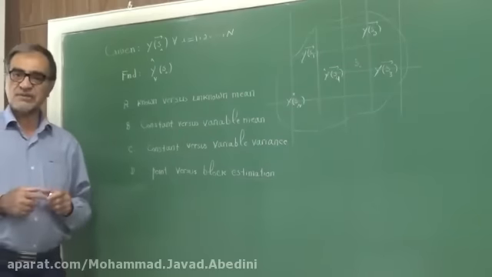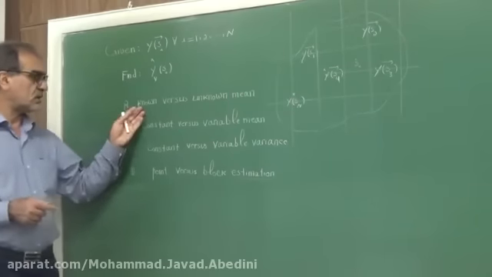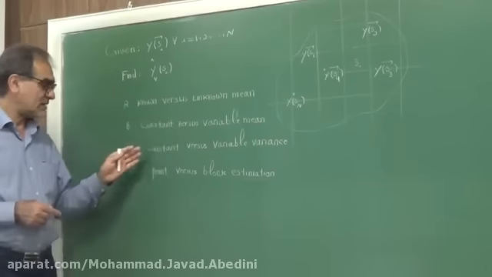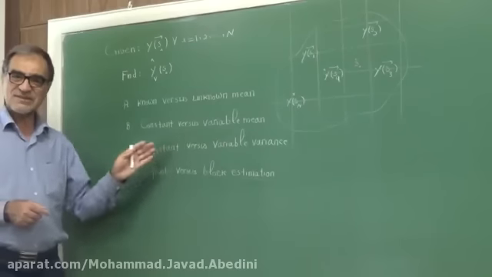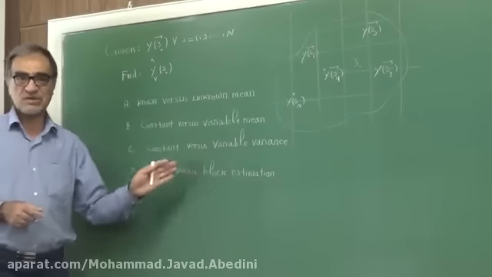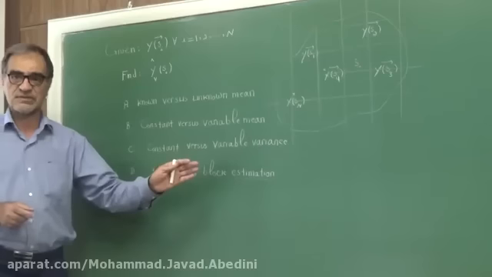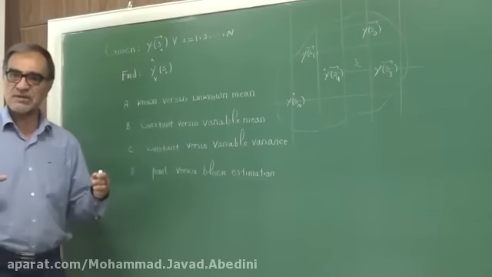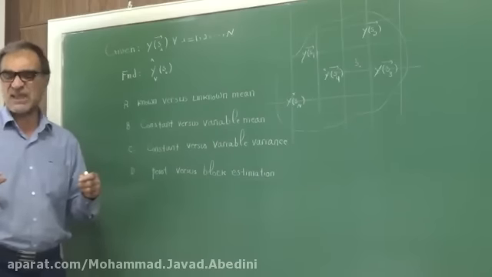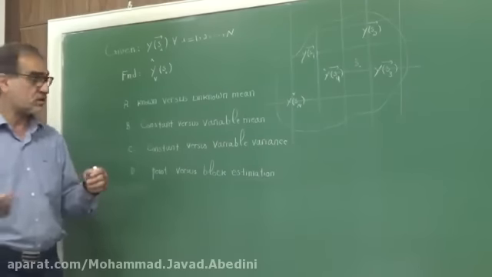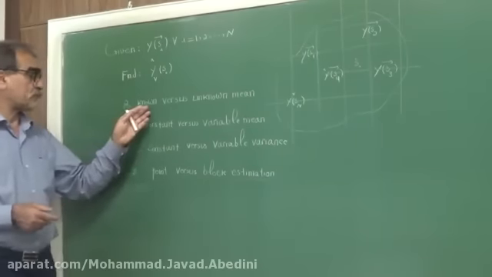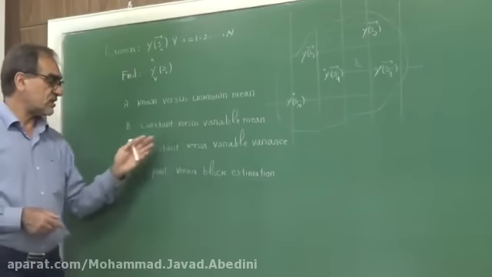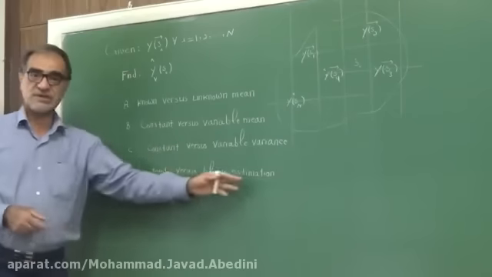The very first one could be known and constant mean, constant variance, block estimation, because we have already addressed point estimation. The second possibility, or I would say the 10th possibility or scenario, could be unknown mean, constant variance, block estimation.